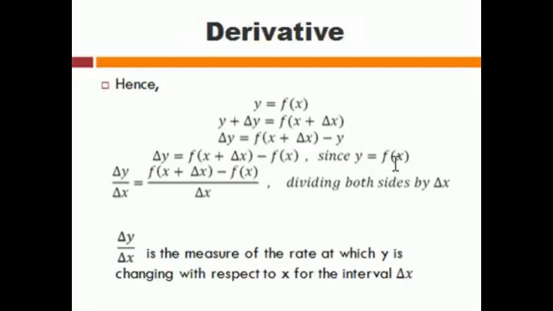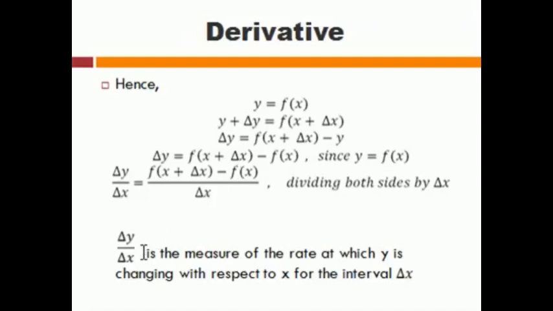Since y is equal to f of x, you now have delta y equal to f of x plus delta x minus f of x. Next, dividing everything by delta x, you now have delta y over delta x equal to f of x plus delta x minus f of x over delta x.